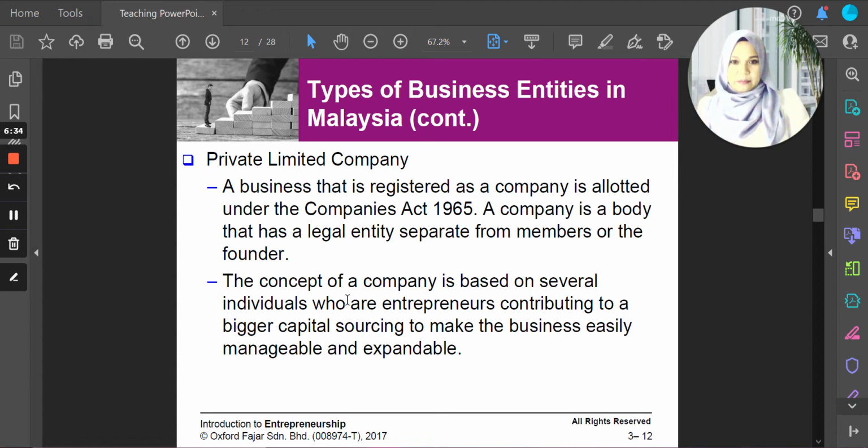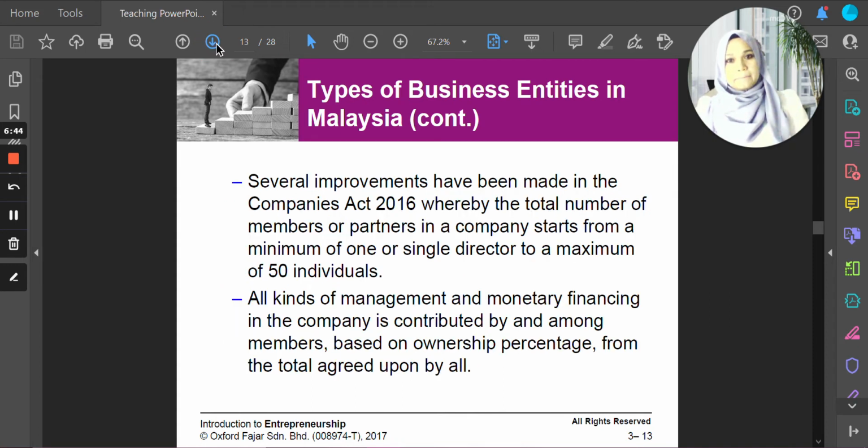But the concept of the company is based on several individuals who are entrepreneurs contributing to a bigger capital sourcing to make the business easily manageable and expandable. There are some improvements that have been made in this Companies Act in 2016, whereby the total number of partners or members can start from a minimum of one person to a maximum of 50 individuals.